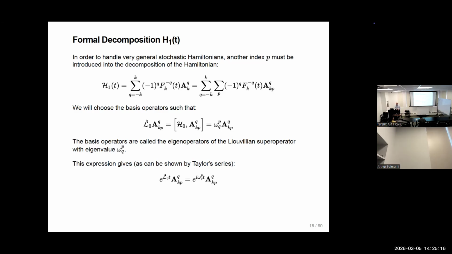What is omega H plus omega S? Well, the hydrogen frequency is 500 megahertz. What's the nitrogen frequency roughly? About a tenth of it.